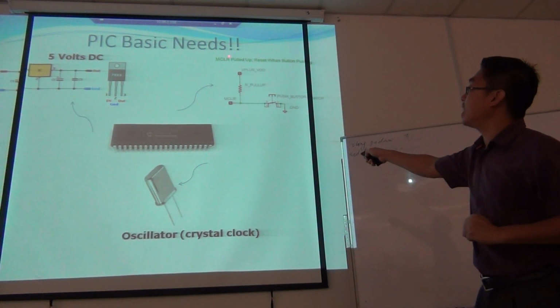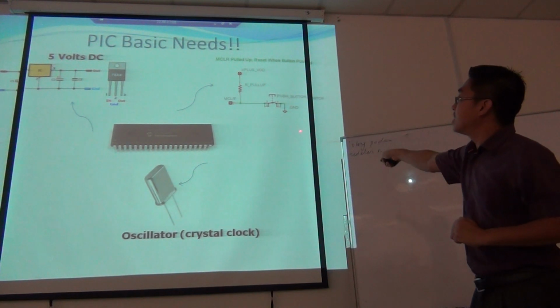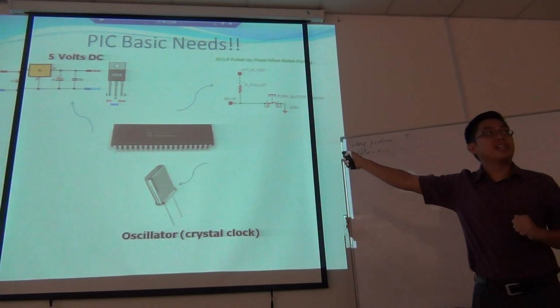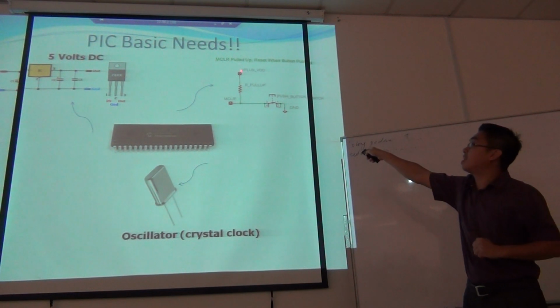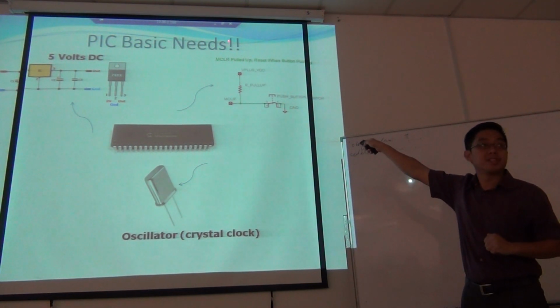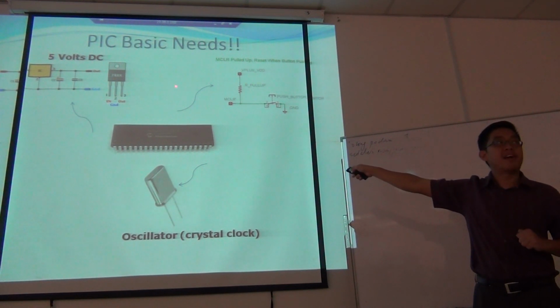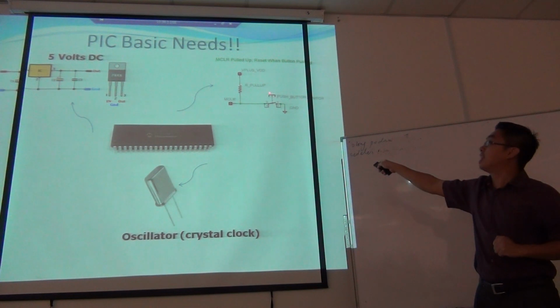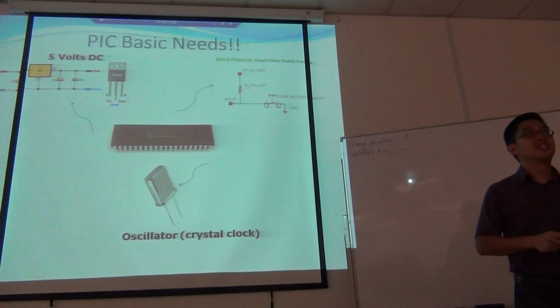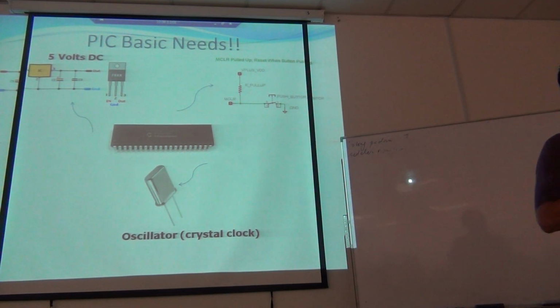Alright, this is the circuit and its first position. This is 5 volts direct. It must be connected to 5 volts directly, with a pull down switch, which means that your master clear is only active when you give 0 volts.